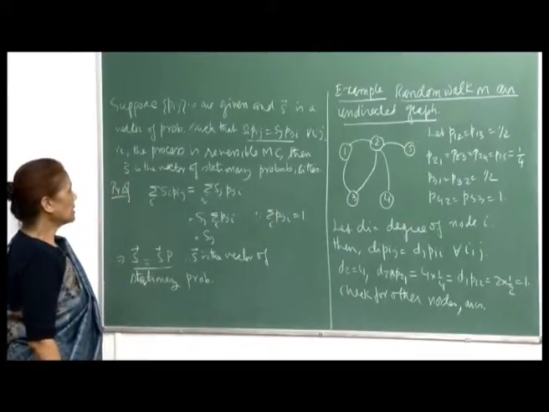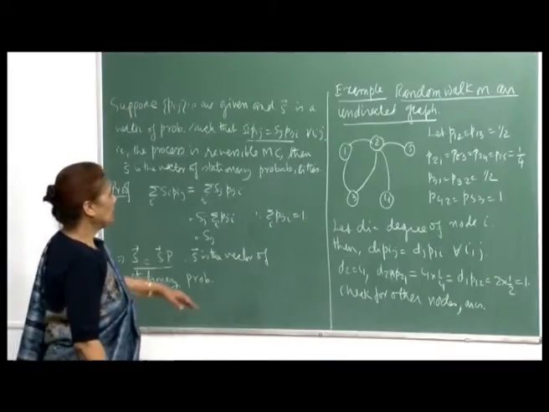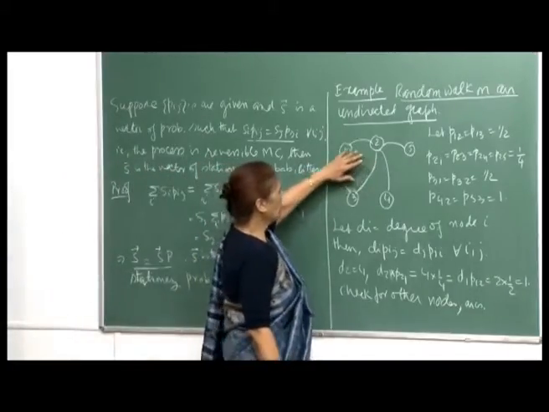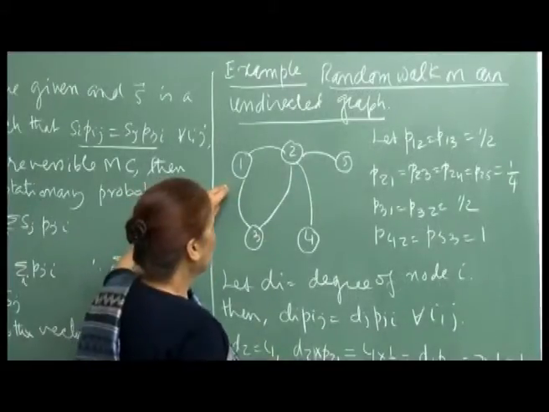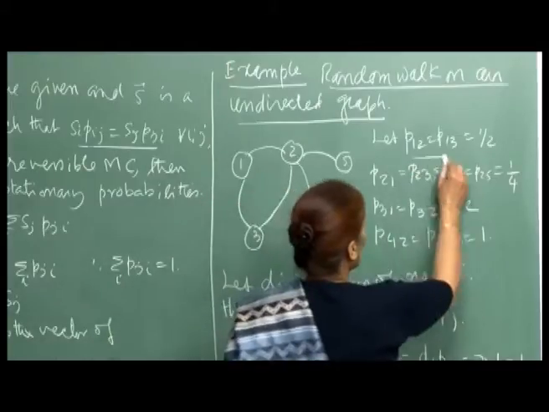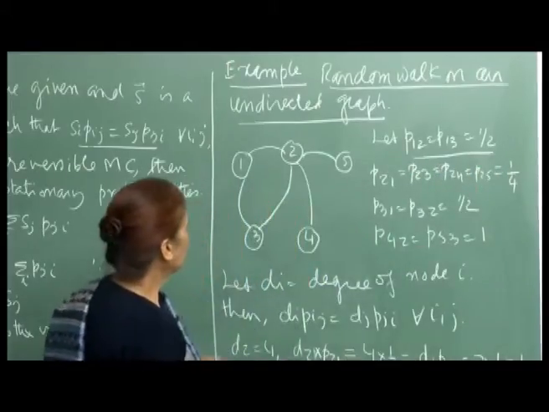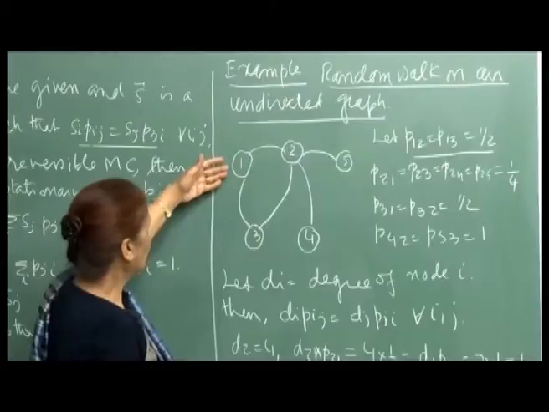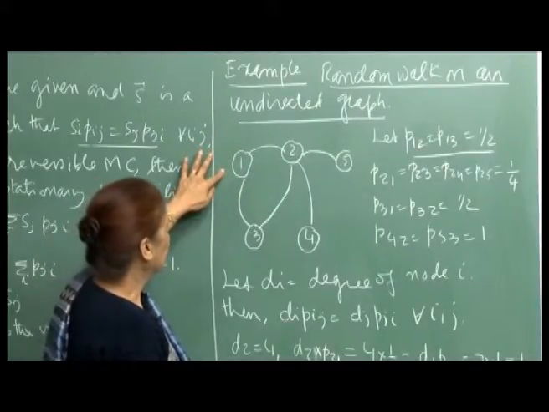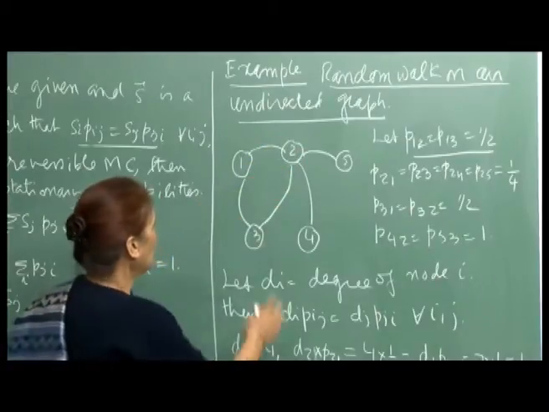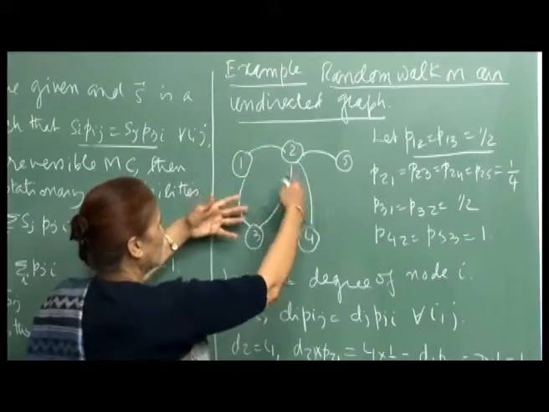So, the idea is that let us look at an undirected graph with 5 nodes and the links, the arcs, connecting them. Now, what I am doing is writing probabilities, that means transitioning from 1 to 2 or 1 to 3, these are the 2 edges. So, I am giving them equal probabilities, and that is why it is called a random walk, because you can wander around this graph.